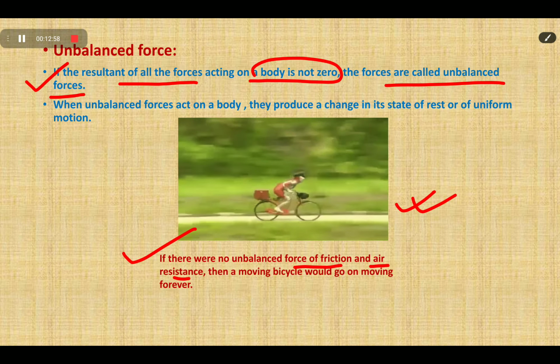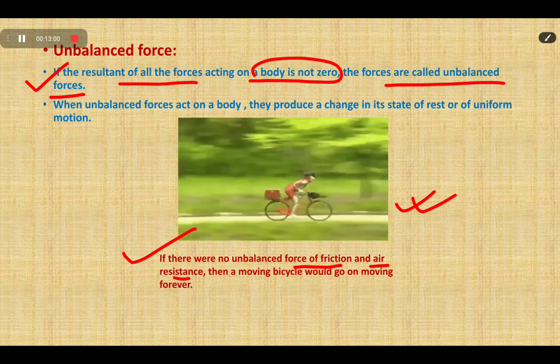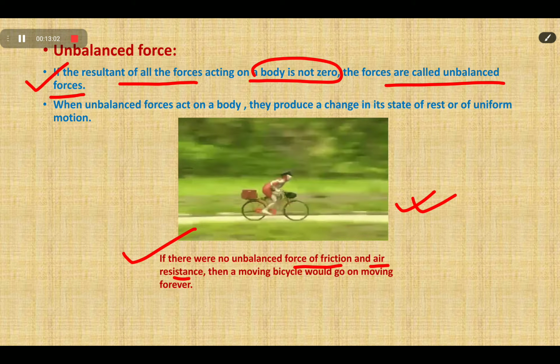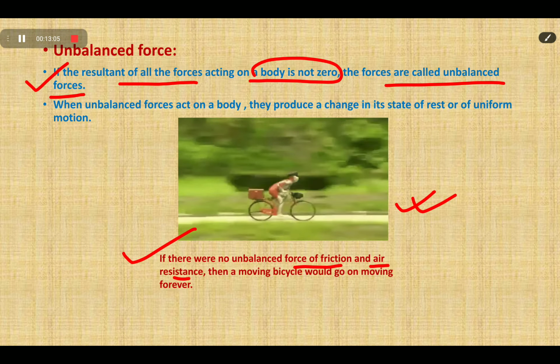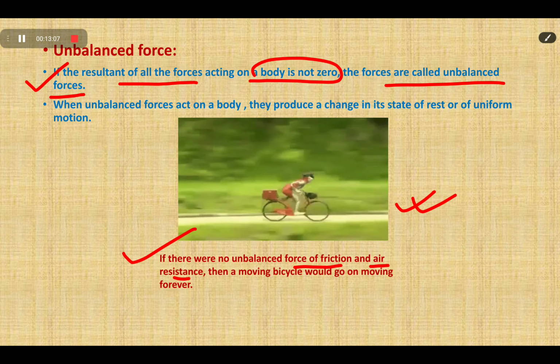But if we increase the speed of the bicycle, then we apply more force than the force of friction. This is also a case of unbalanced force. In this way the unbalanced force can be understood.